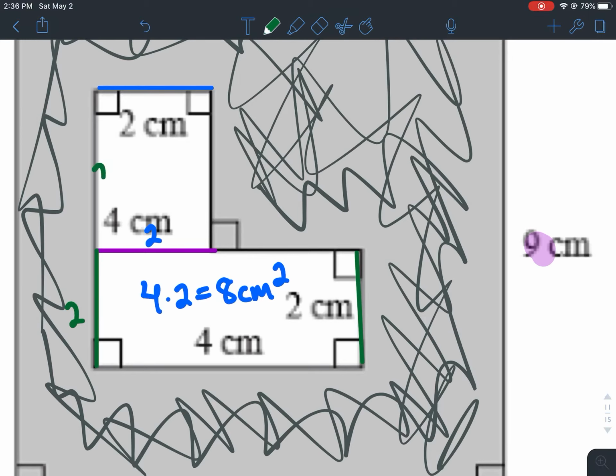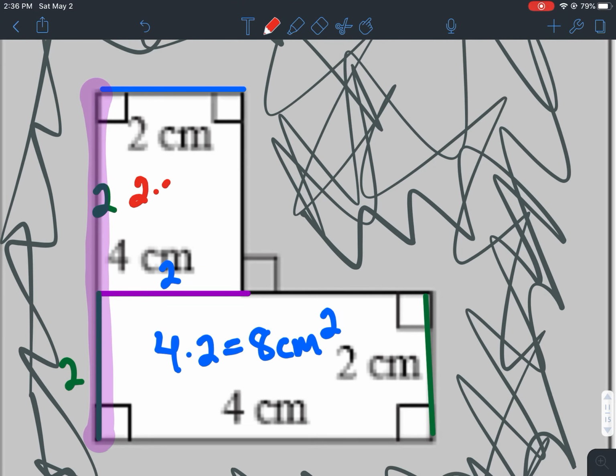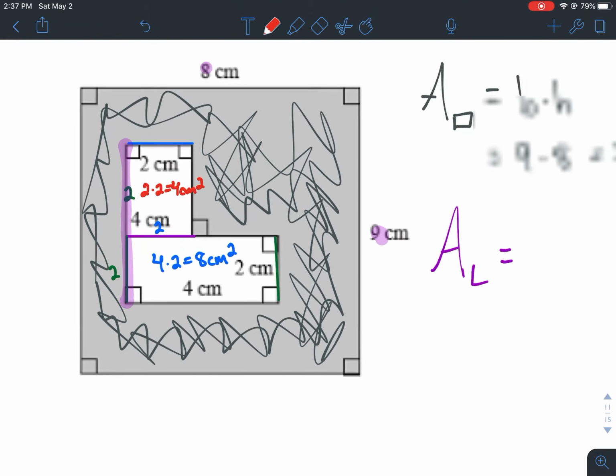So that means that this length is also 2 here because the whole thing is 4. That's what this 4 is telling us, that whole length is 4. So it's actually a square, not a rectangle. So the area for this top square is 2 times 2, which is 4 centimeters squared.